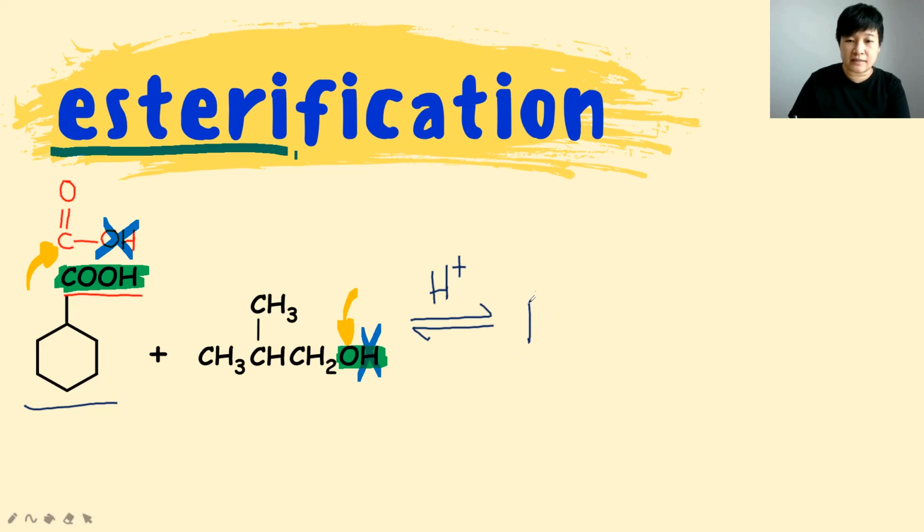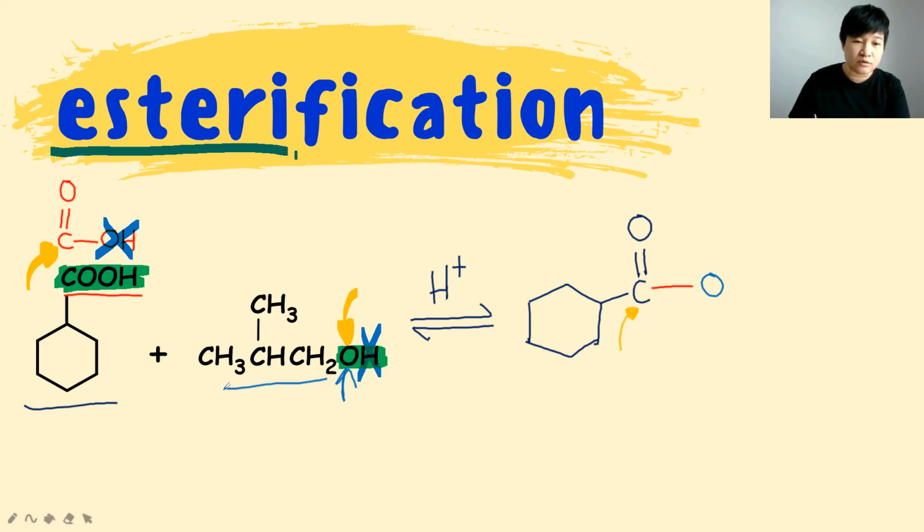The rest of the group shall remain unchanged over here. So your carboxylic acid will still be holding the 6 carbon ring at the back. The carbon that is holding the double bond O will still be there, knowing that this is the carbon that loses the OH. So it will form a new bond with the oxygen that lost the hydrogen just now. And this oxygen that lost the hydrogen is bonded to this R group. Make sure the bond is correct. Next to the oxygen is the CH2.